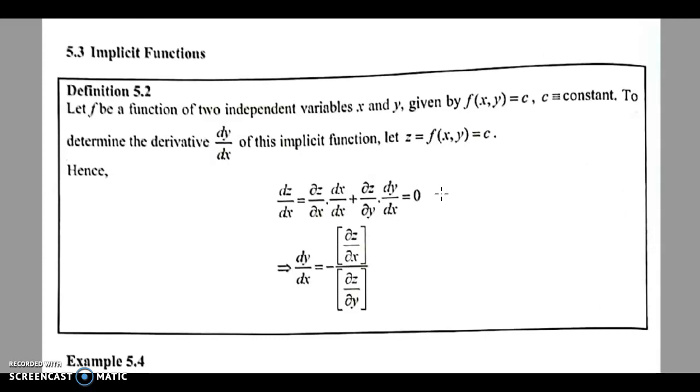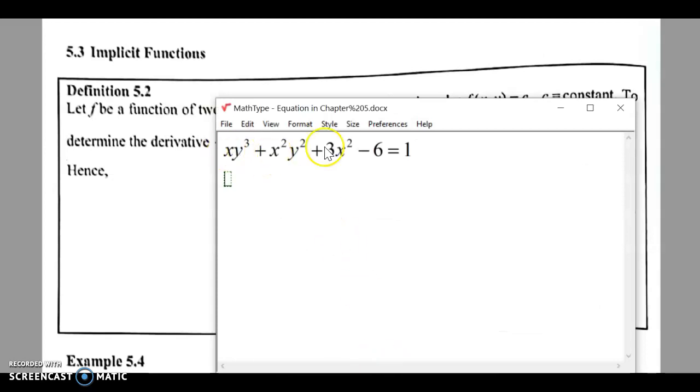After that, we will be able to find these two partial derivatives and substitute them here to get the dy over dx.